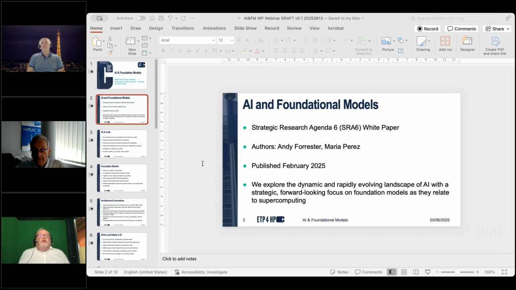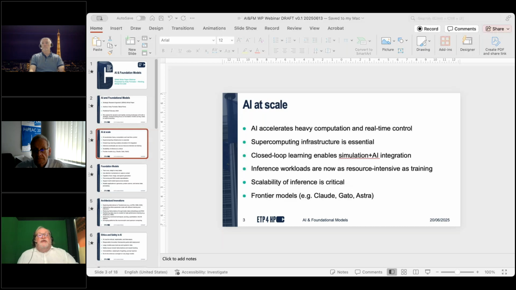Just to recap, we'll examine how the rapid evolution of foundation and frontier AI models intersect with global HPC infrastructure, and we'll discuss why Europe must take a lead in shaping this new computational paradigm. So, can we start with a quick definition?